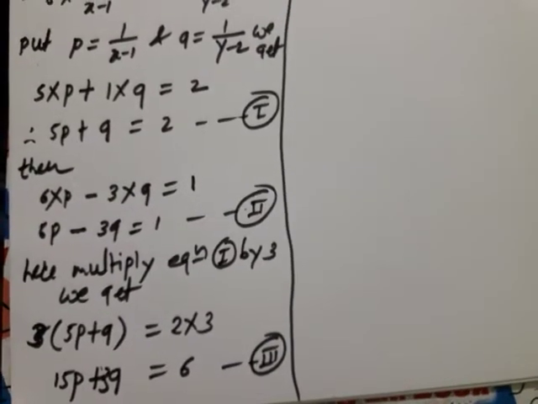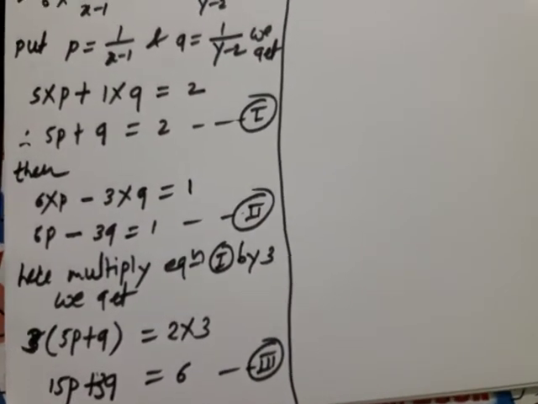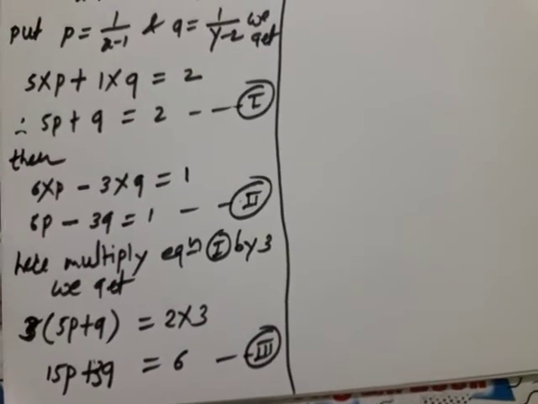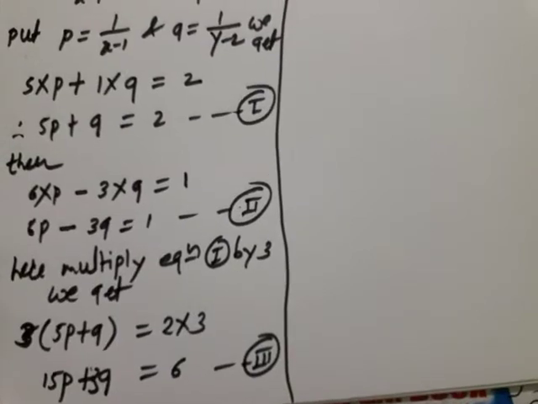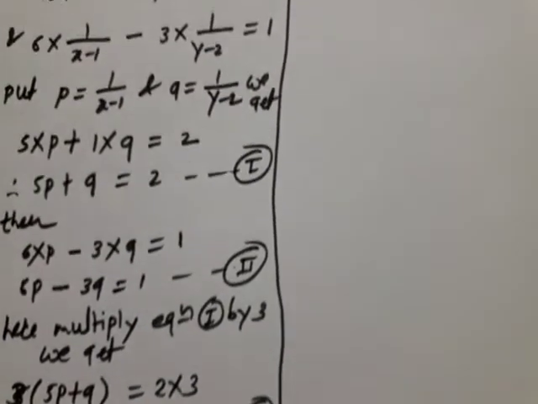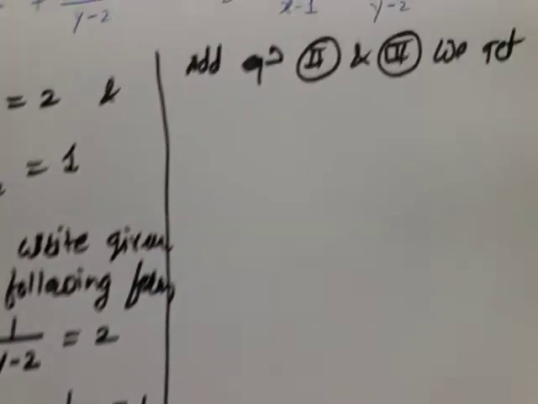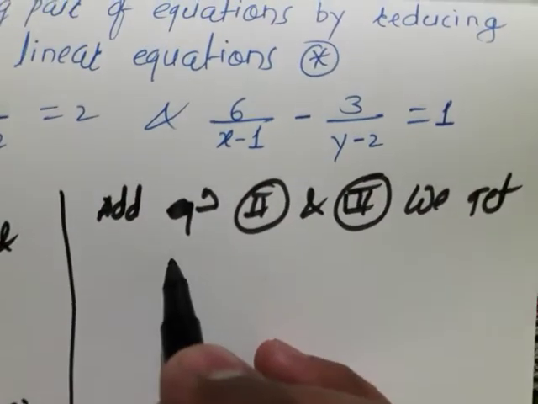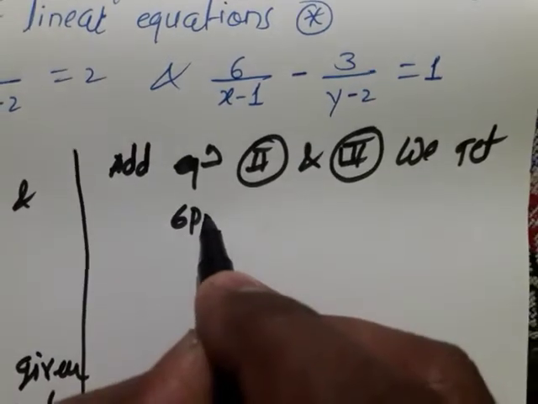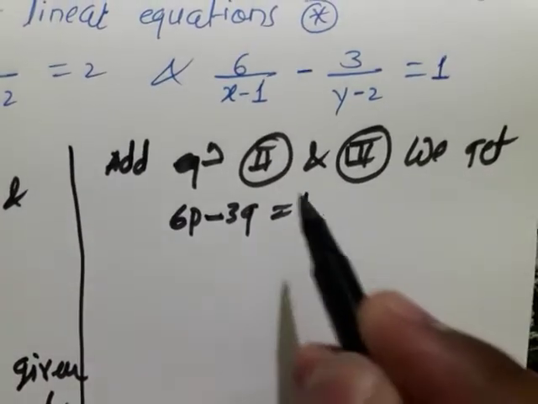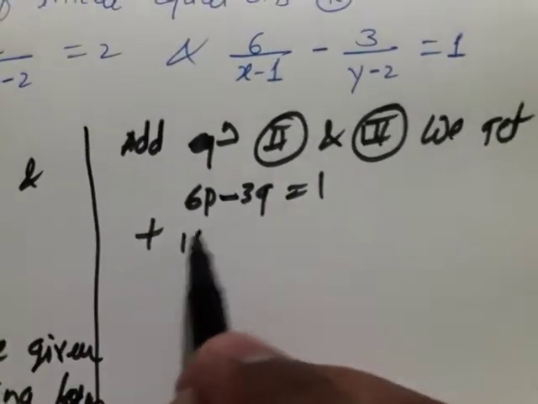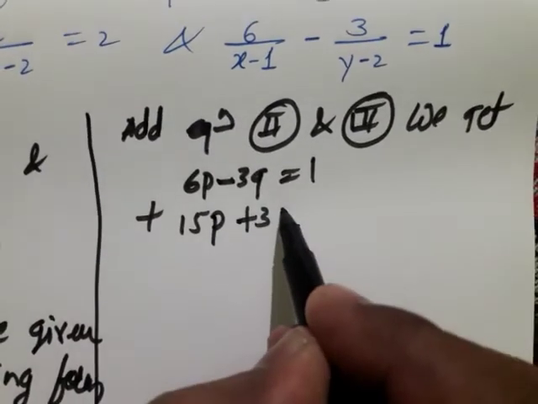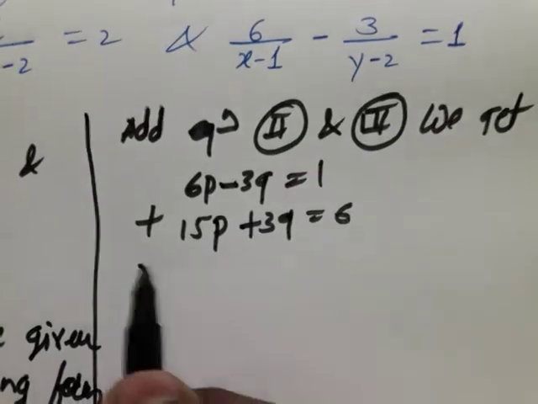And suppose the same sign is there and we want to eliminate that variable, then what we have to do? We have to subtract. Okay, that's why we have decided to add equation 2 and 3 over here. I am going to show here. Now I will write first of all equation 2. Equation 2 is 6p minus 3q is equal to 1, plus equation 3 is 15p plus 3q is equal to 6.